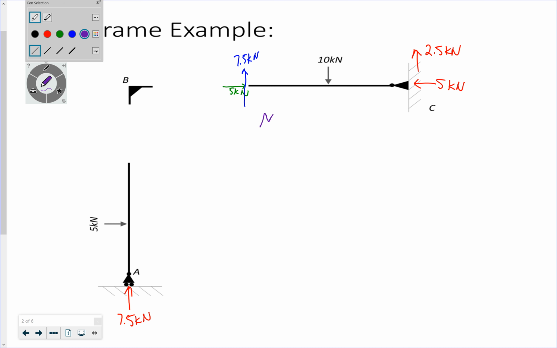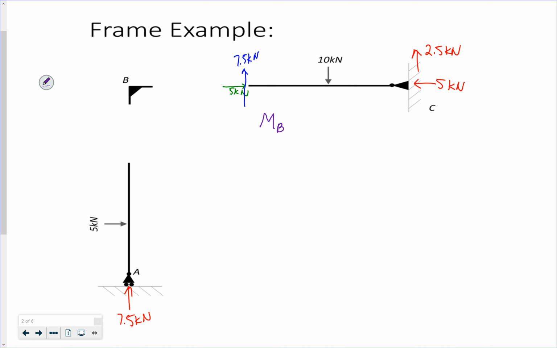If I do the moment at B, right before B, in the beam, I've got 10 kilonewtons acting at 5 meters clockwise, so it's negative, 2.5 kilonewtons acting at 10 meters, plus my moment at B. So my moment at B is basically 50 minus 25.